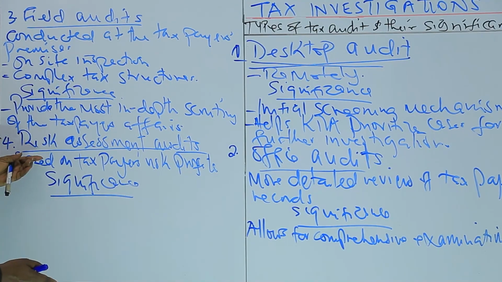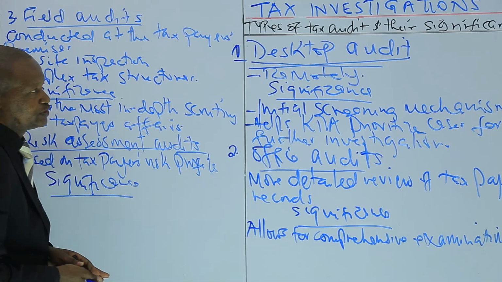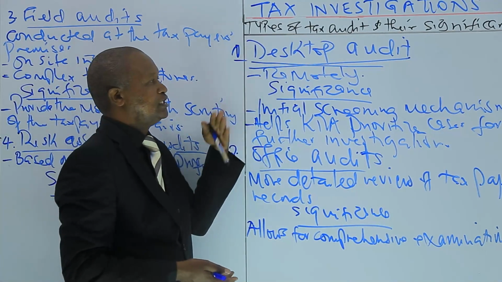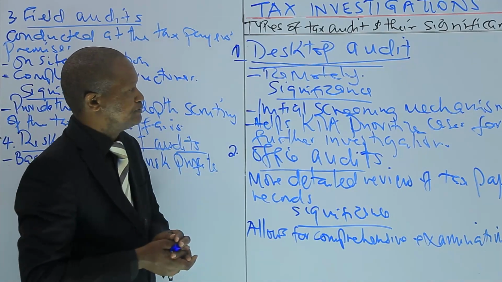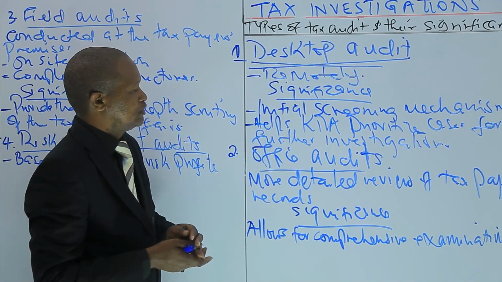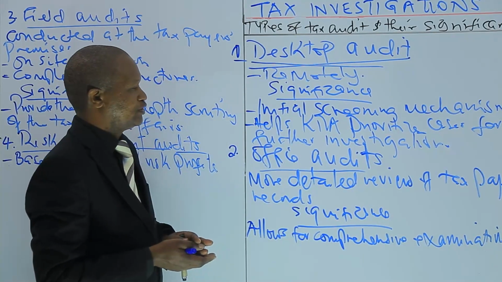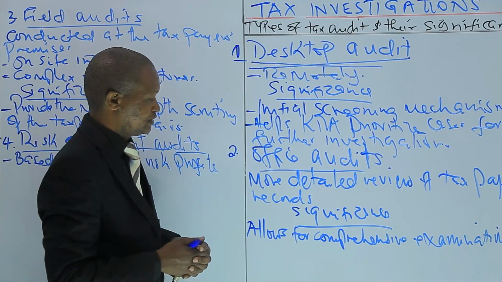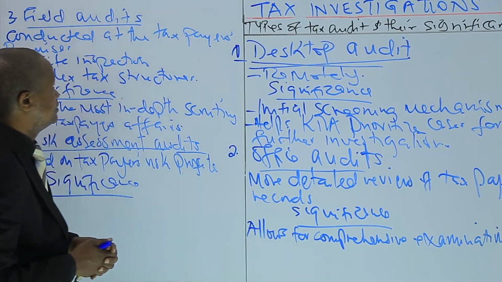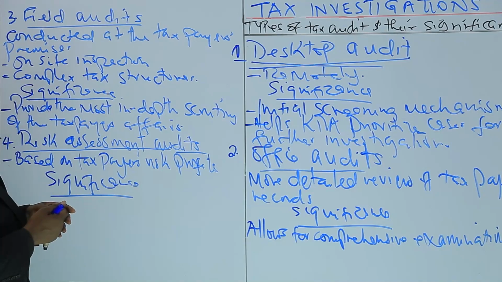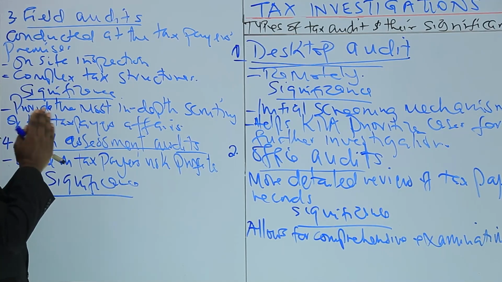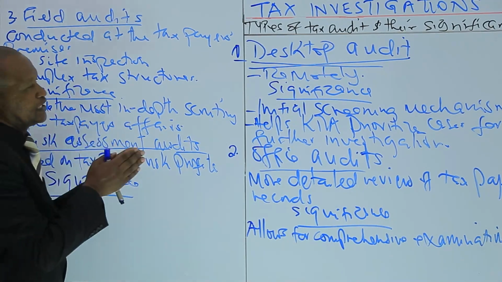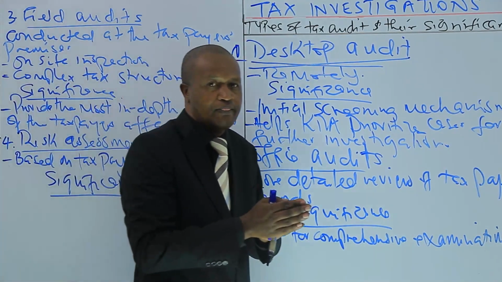Number 4, risk assessment audit. We saw that desktop audits are conducted remotely. Office audits are conducted in KRA offices. Field audits are conducted at the taxpayer's premises, and we've seen that is the most comprehensive type of tax audit.